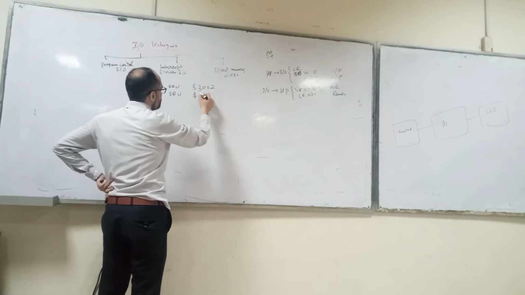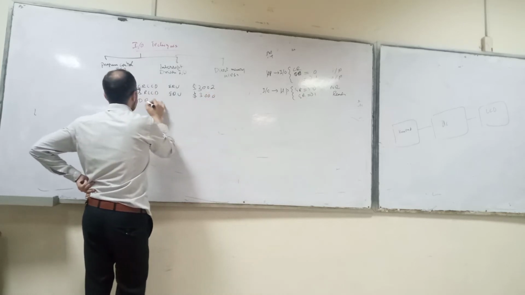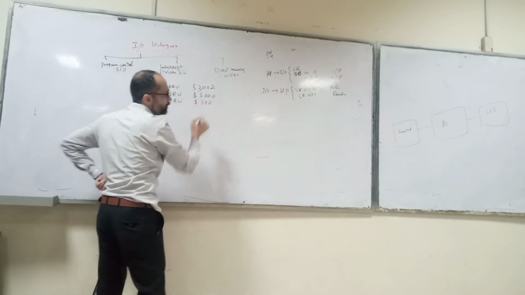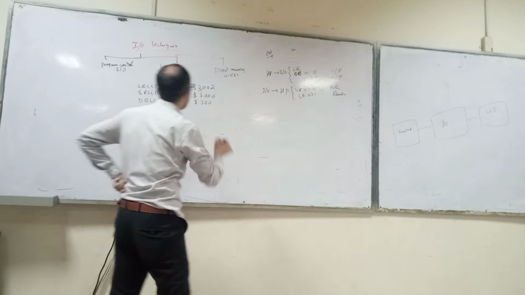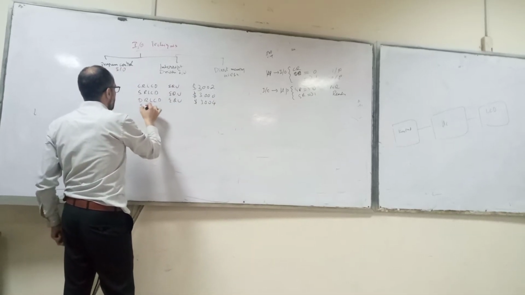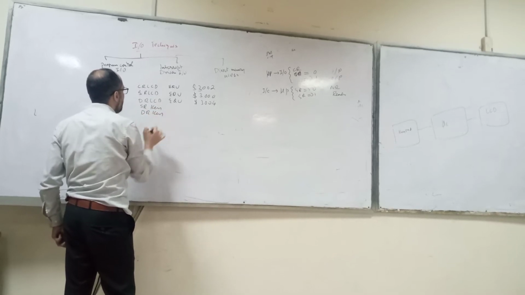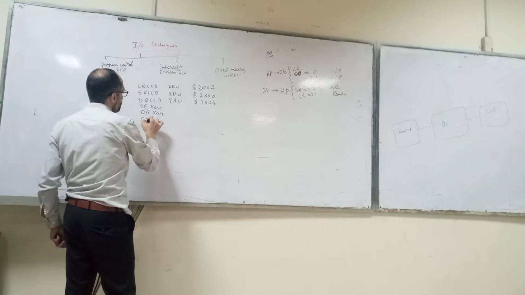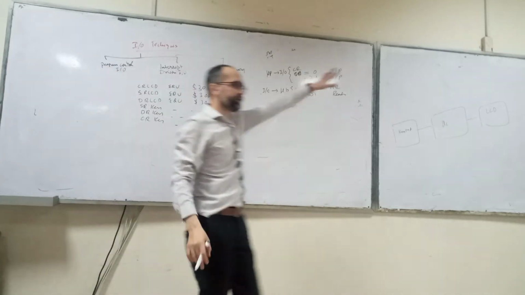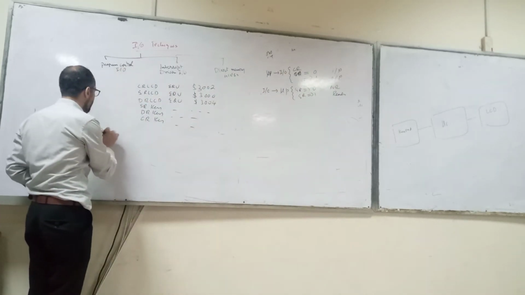SR LCD and DR LCD, 3004. Similarly, we have SR key, DR key, and CR key. You can equate them according to their addresses. Now we want to configure.